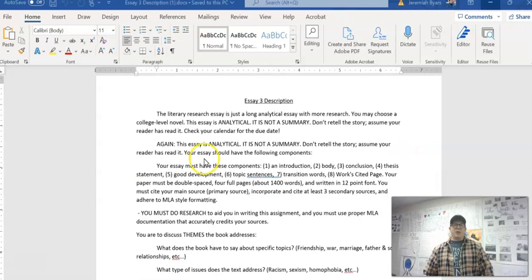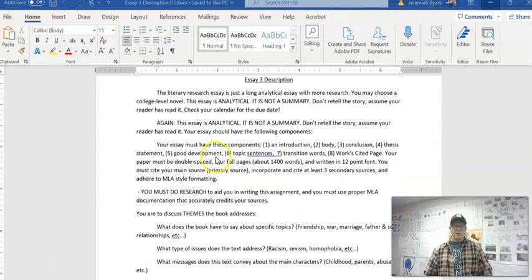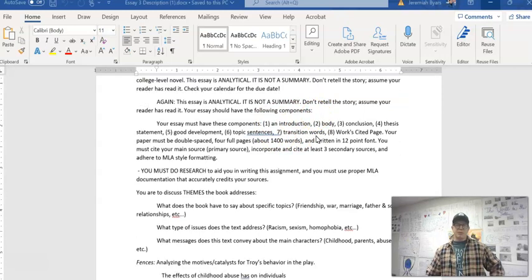All right, so just to review real fast the SA3 expectations. This is an analytical essay. It's not a summary. So as I'm reading your papers, I shouldn't be getting tons of summary. I should be getting mostly analysis. There should be a works cited page on it.